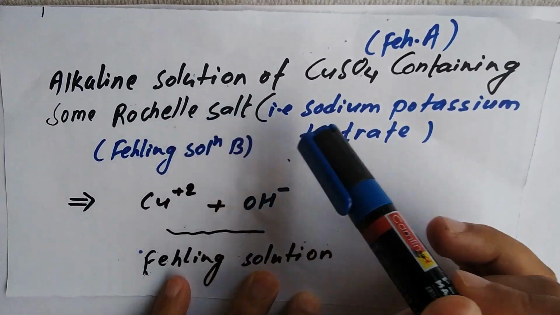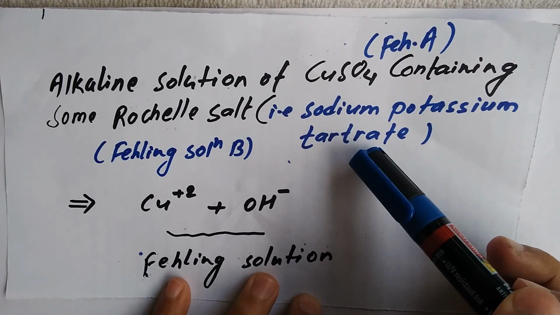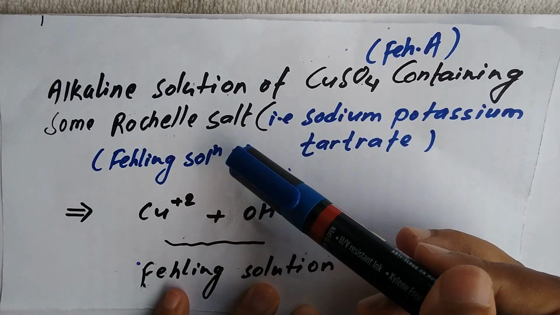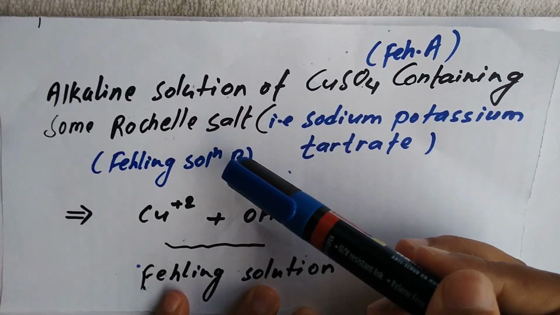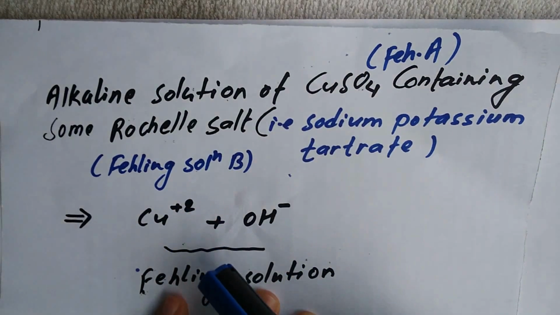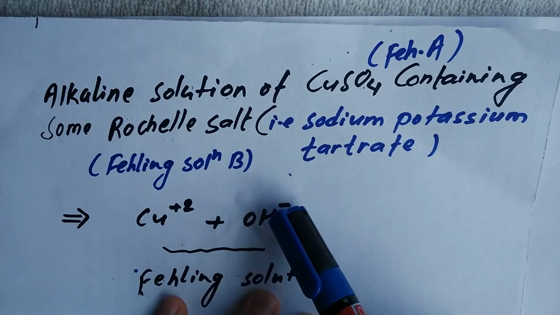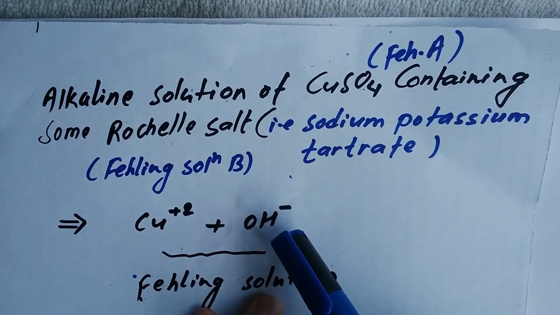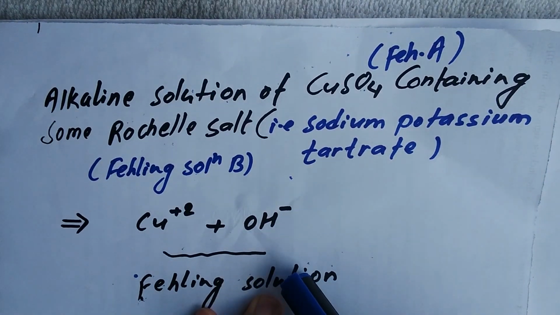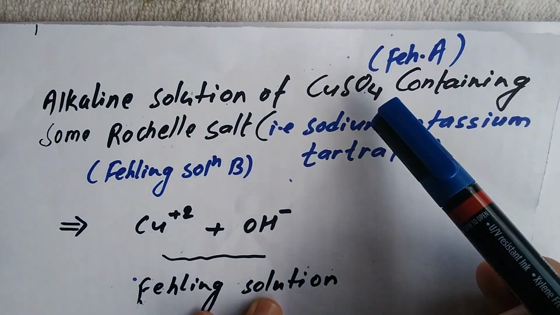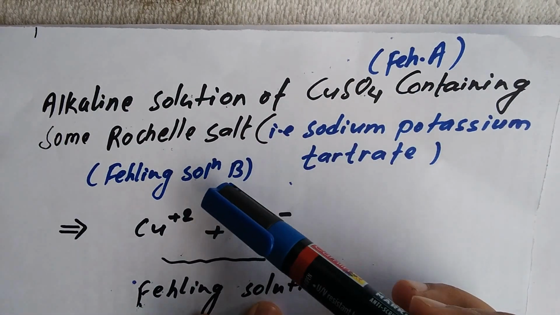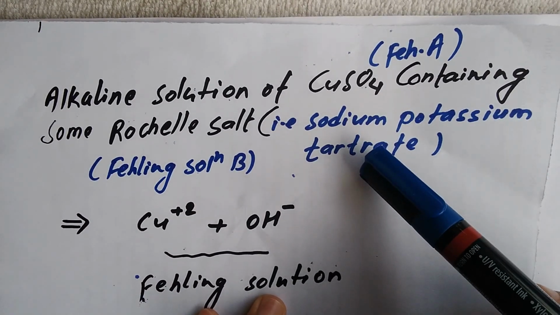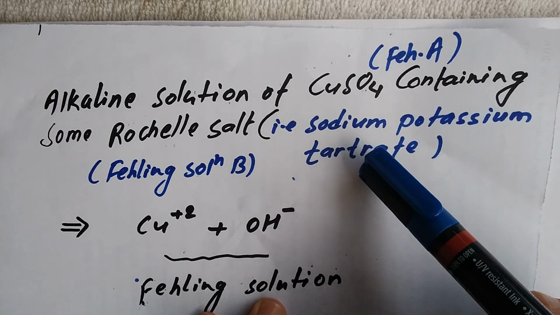Rochelle salt is sodium potassium tartarate, and there are Fehling solution A and Fehling solution B. When we mix Fehling solution A and Fehling solution B, then Fehling's reagent, that is Cu+2 and OH minus, is formed, and this is the Fehling solution.